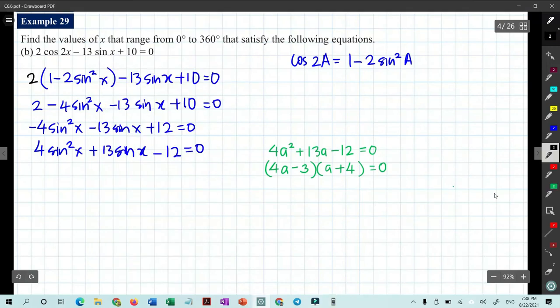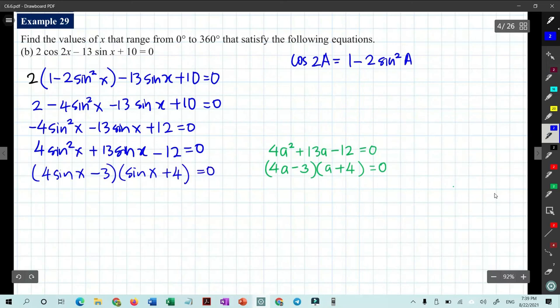Now I'm going to replace the a with sine x. 4 sine x minus 3, sine x plus 4 equals to 0. Okay, and so when you multiply this you get 0. So either one of these must be 0. So it can be either 4 sine x minus 3 equals to 0, or sine x plus 4 equals to 0.